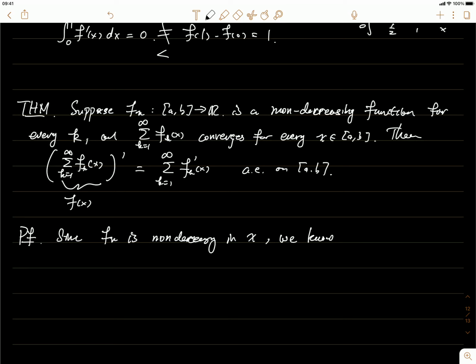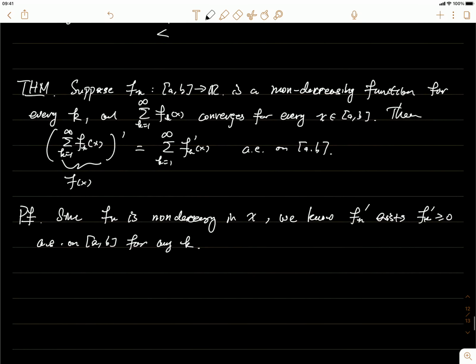Okay, but at least we know that this f_k prime exists almost everywhere, and also the derivative must be greater than or equal to 0, apparently, since the function is non-decreasing, so it must be greater than or equal to 0 almost everywhere on this interval [a, b] for any k.